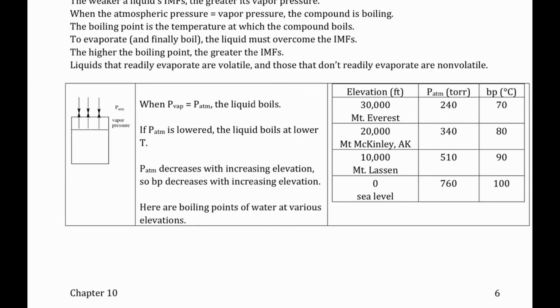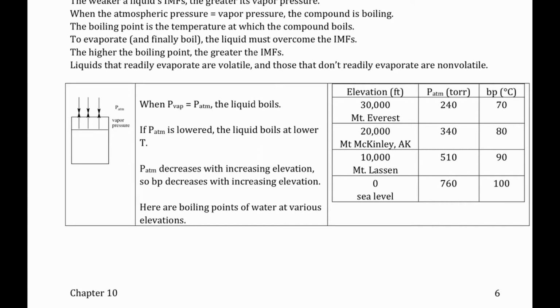So in this table, over on the left, we have a diagram. Again, it's a beaker with a liquid in it, and the liquid is vaporizing, and there's a vapor pressure above the liquid.